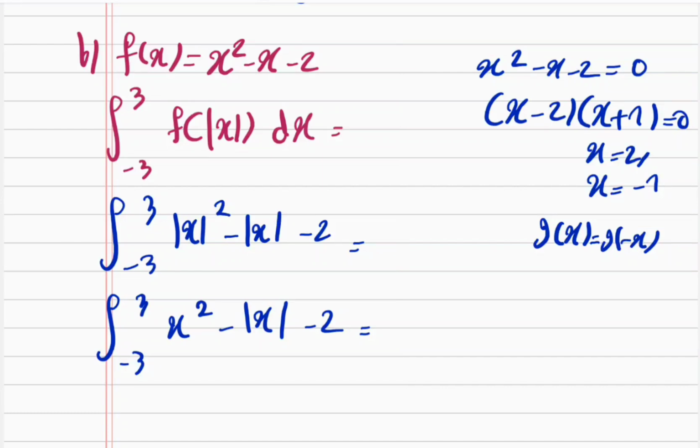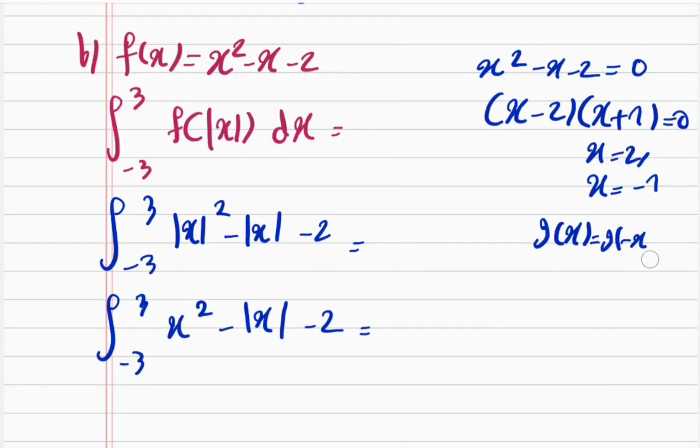Because if we substitute minus x into here, then we'll get x squared minus x minus 2, which is the same as if we just substitute x. So if you substitute x into f of x, we'll get this, and also if you substitute minus x into here, we'll also get x squared minus x minus 2. So therefore, this is an even function.